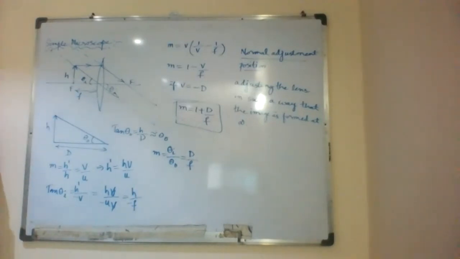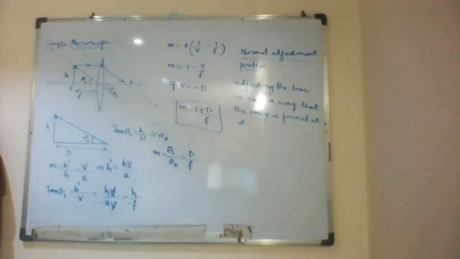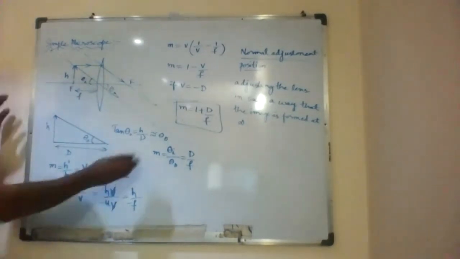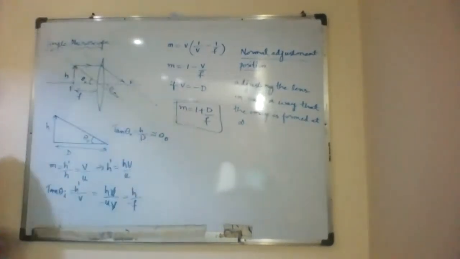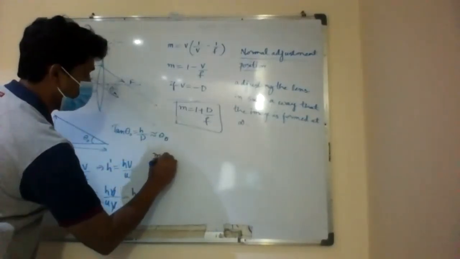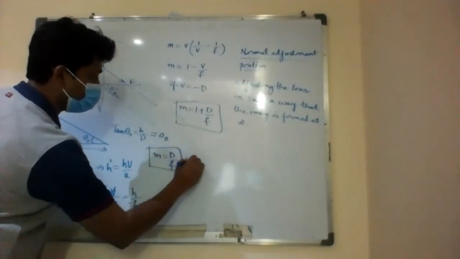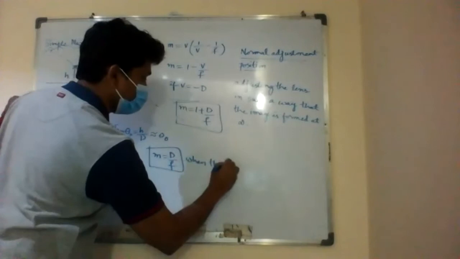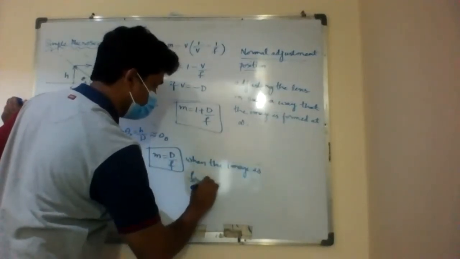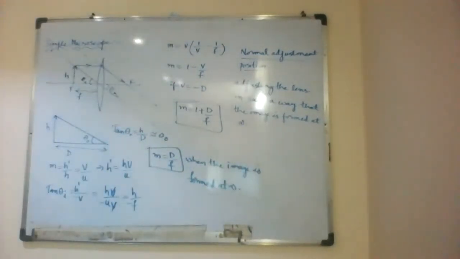I write theta I by theta 0 is equal to d by f. Or forget about it, just to not make it confusing, I'll write the simple one: m equal to d by f. This is the formula for when the image is found at infinity. Understood now?